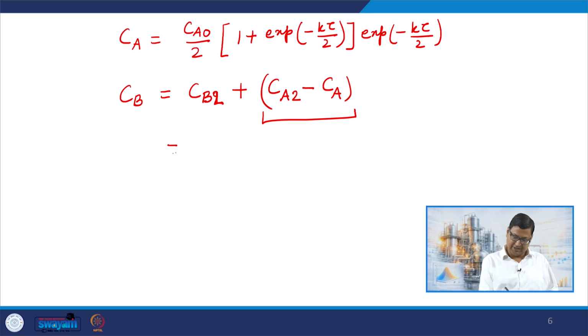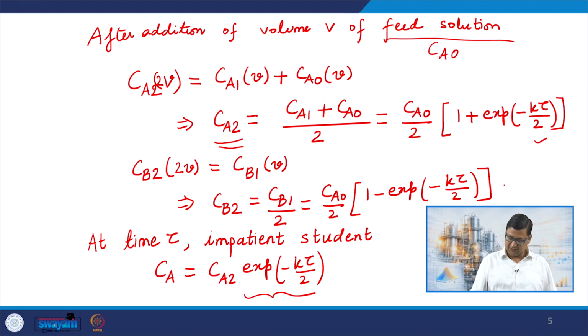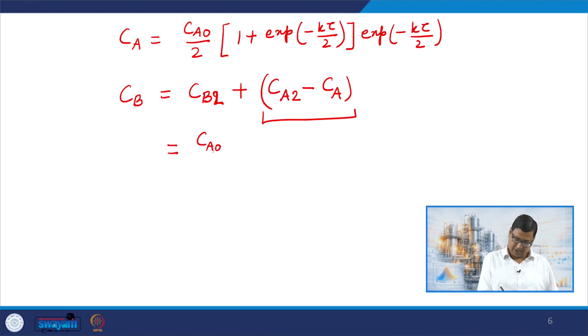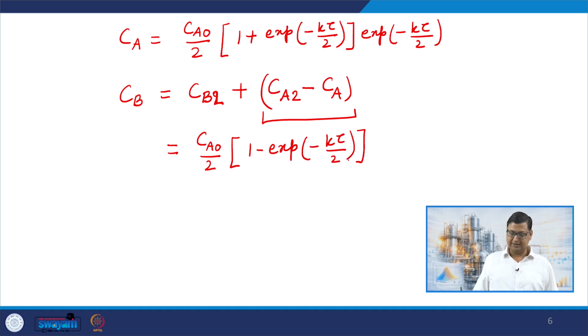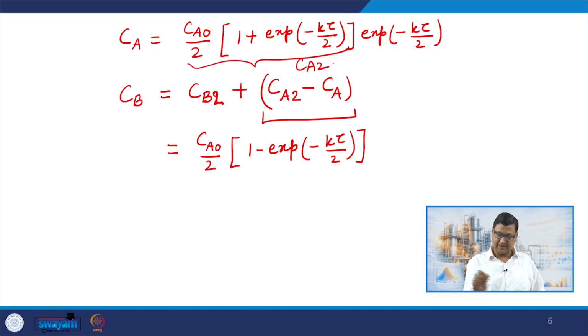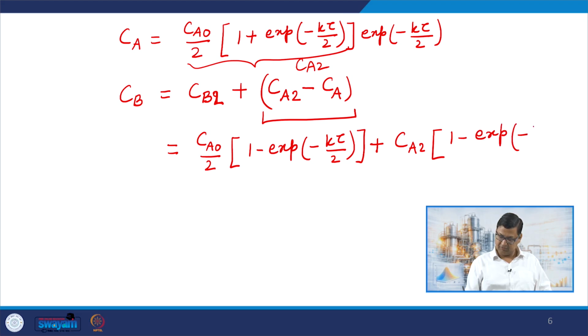So, this is going to be Cb2, which is equal to whatever we have obtained earlier, Ca naught by 2 times 1 minus exponential of minus k tau by 2, and then Ca2 minus Ca will be Ca2 times 1 minus exponential of minus k tau by 2.